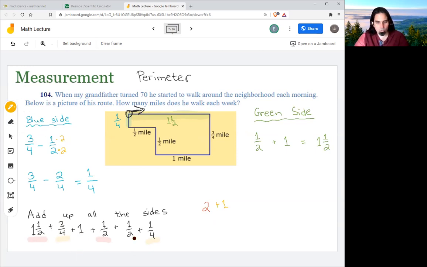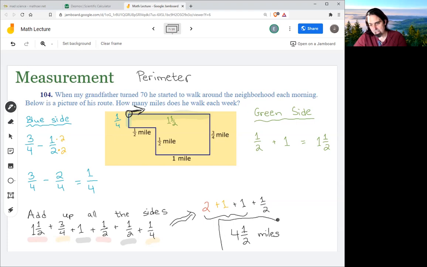And then I have another whole and another half. So these are 1, 2, 3, 4.5 miles. You could certainly have done this a different way, changing everything into quarters if you want to be very complicated, but that's what I'm doing.